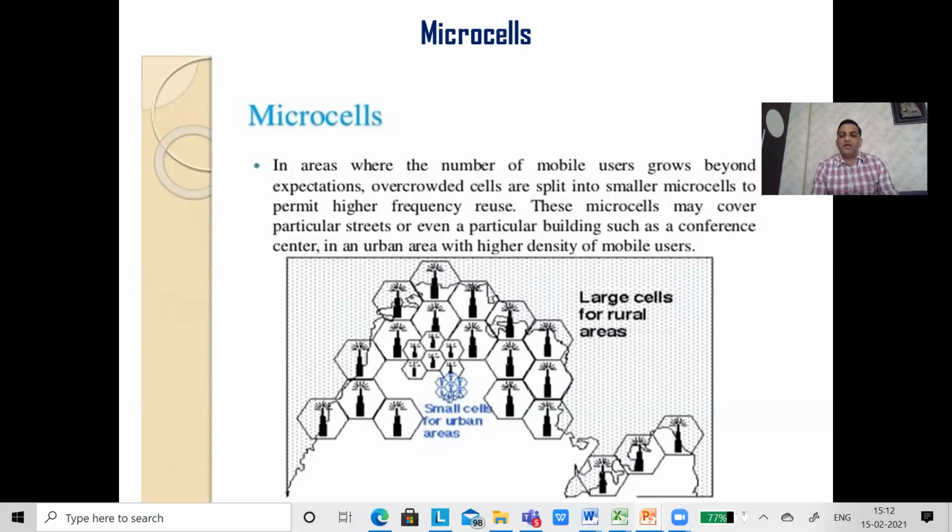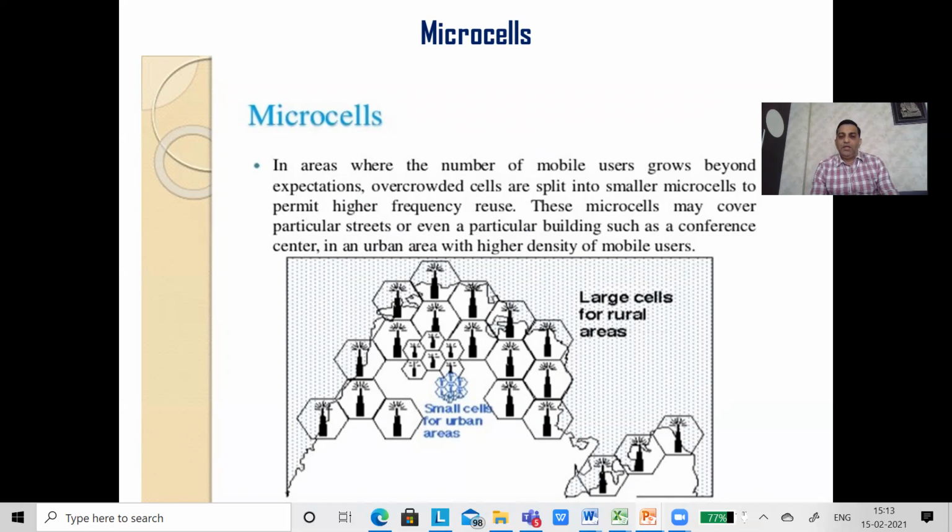So this microcell concept you will basically find in urban areas, where we can have a very small cell size. That means there are multiple base stations to fulfill the requirement of the number of users demanding the services.